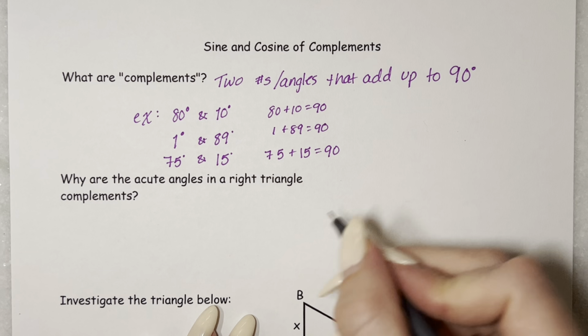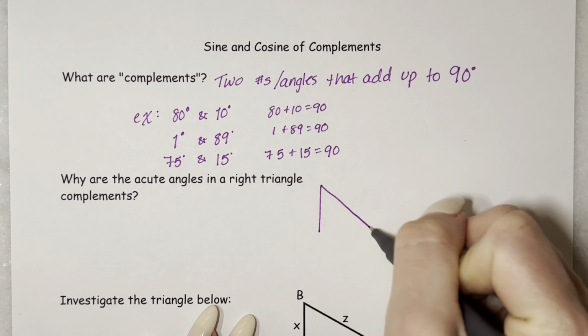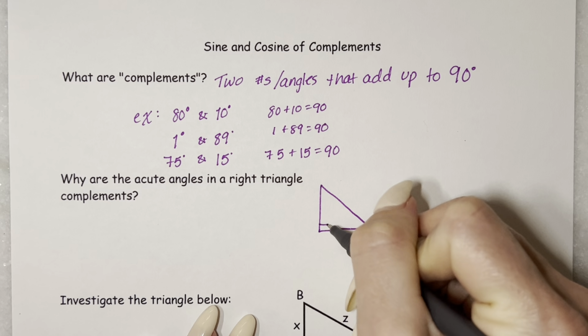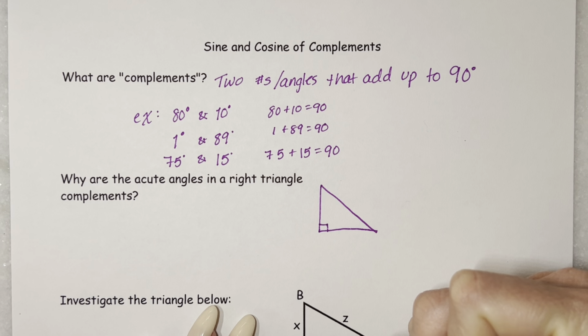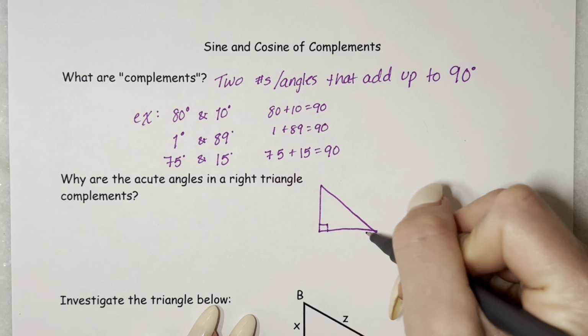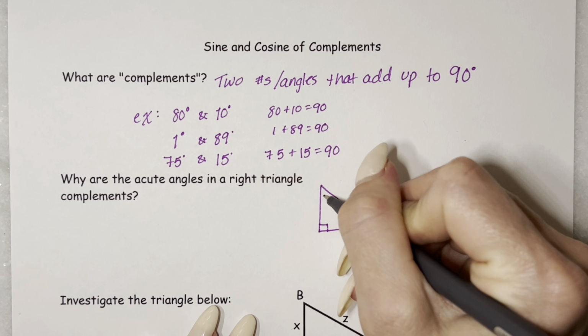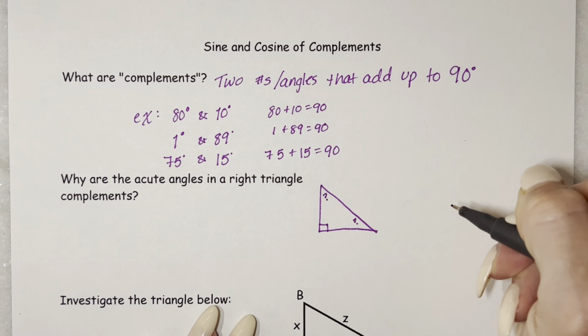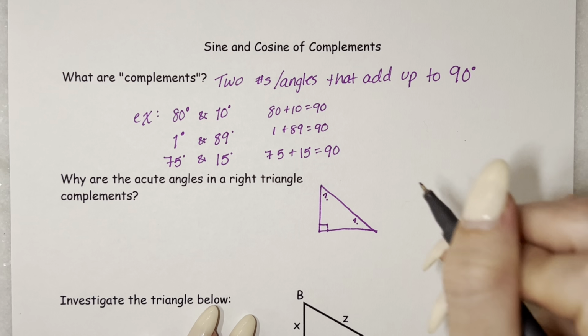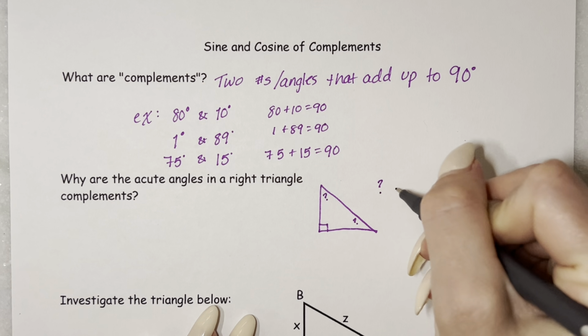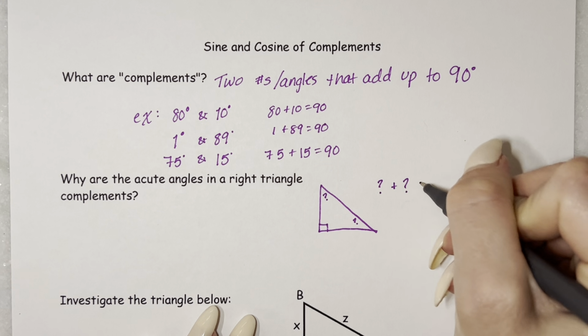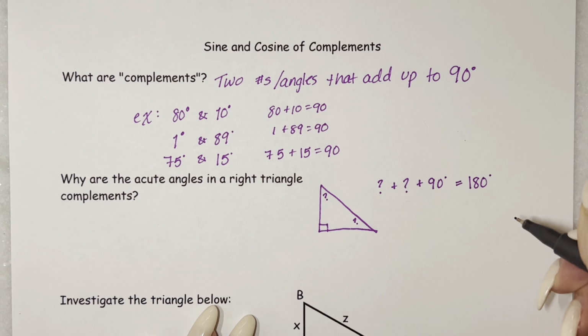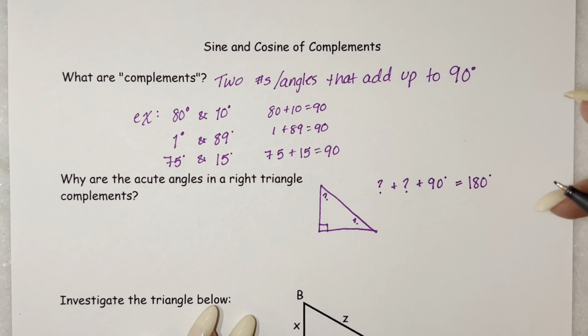So let's think about a right triangle. In a right triangle, we know that one of the angles is 90 degrees. And we don't know what the other two are. So we don't know what that one is, and we don't know what that one is. However, we do know that if we add up all three angles of a right triangle, we should get 180 degrees, because if you add up the three angles of any triangle, you should get 180 degrees.